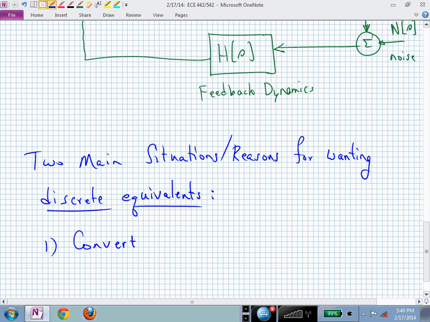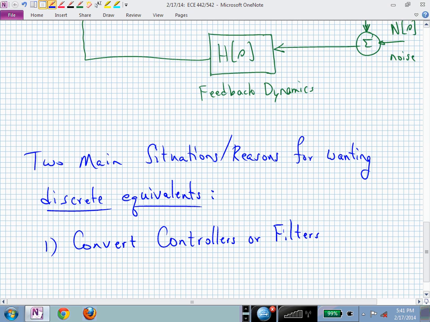One, as I said before, is we may want to convert controllers, or maybe you just have a filter that you designed in 320A and you want to put it into a computer. Now you have this fifth order Butterworth and it has a particular bandwidth, maybe it's low pass, and you want to now realize that in your computer and not have to bug Josie for the parts to create that. Now you can simply create a difference equation representation of that filter.